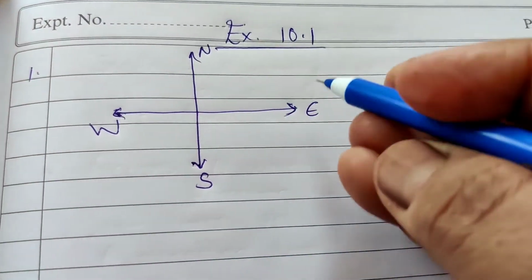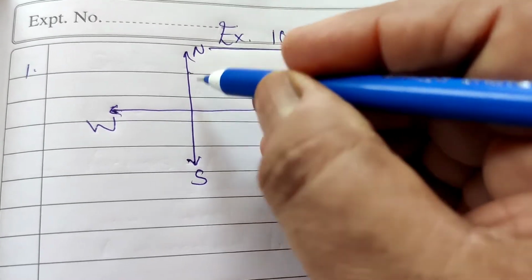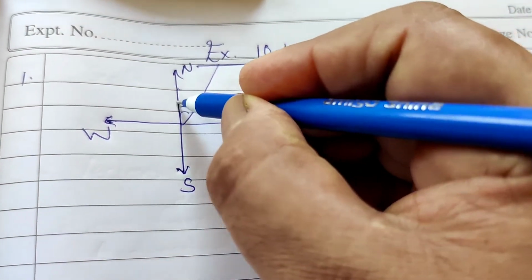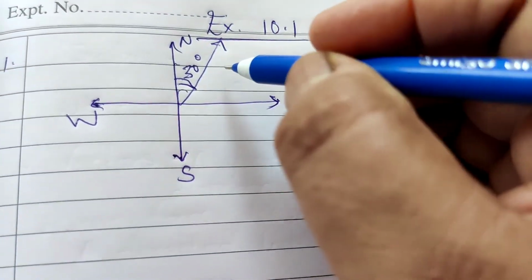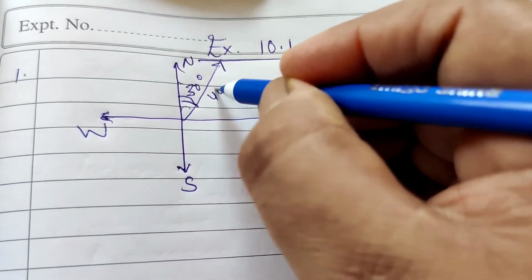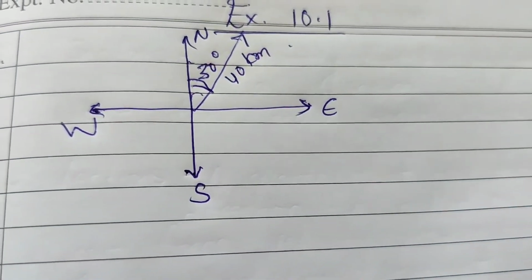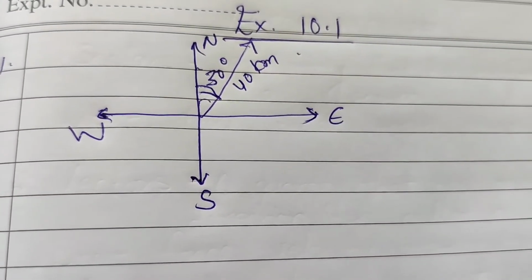It is 40 km 30 degree east of north. It means east of north is this direction, 30 degree. From north to east it is equal to 30 degree and it is equal to 40 kilometer. The magnitude is 40 kilometer and direction is east of north 30 degree. This is the position.